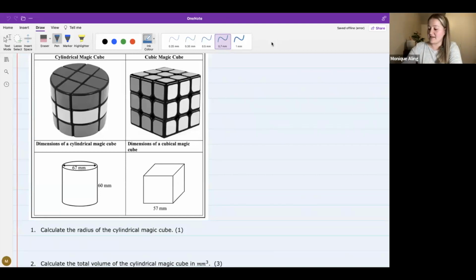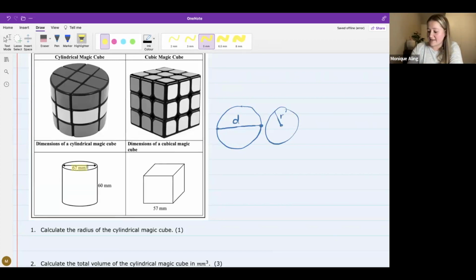So let's just remind ourselves. With a circle, distance from one edge of the circle to the other edge of the circle is our diameter. Our radius is halfway to the edge of the circle. So our radius is half our diameter. As you can see in the diagram, they have given us the diameter.